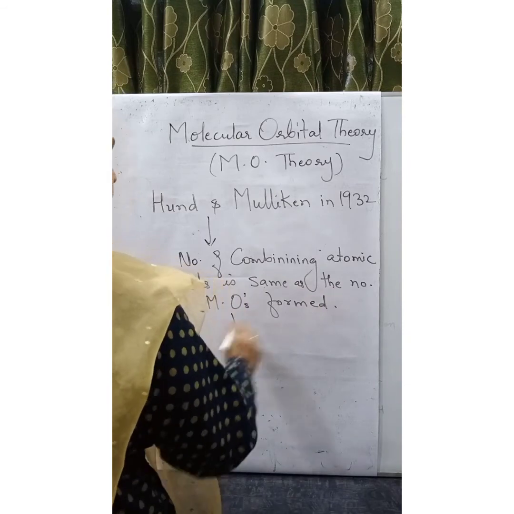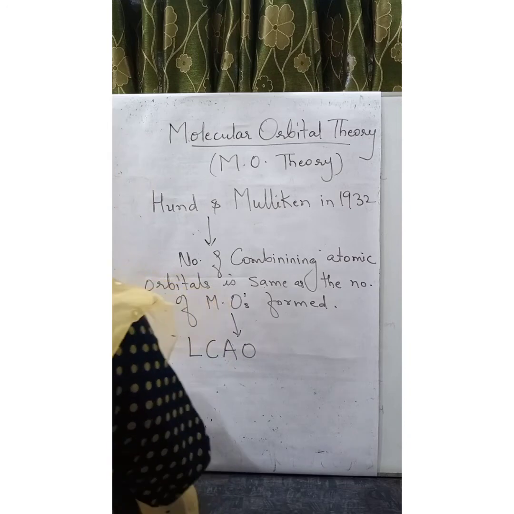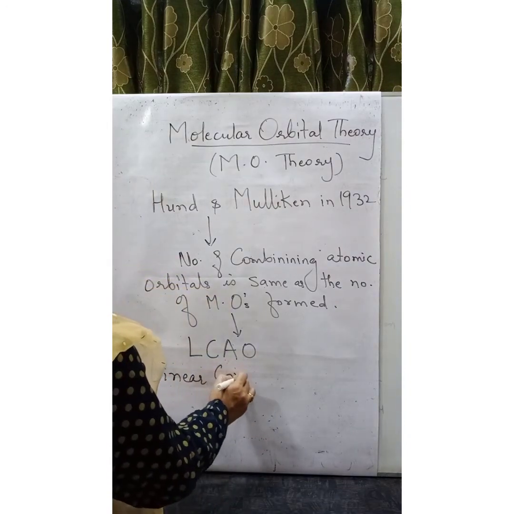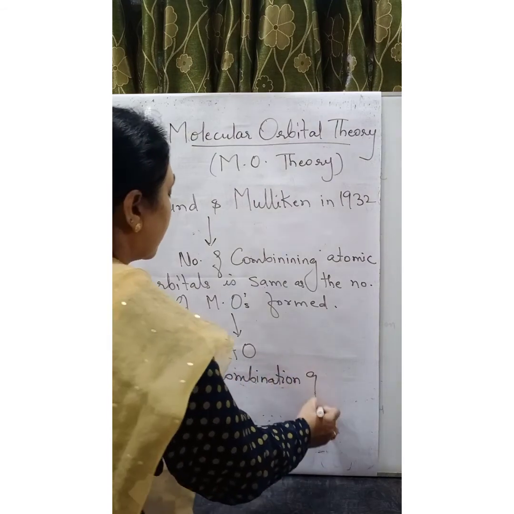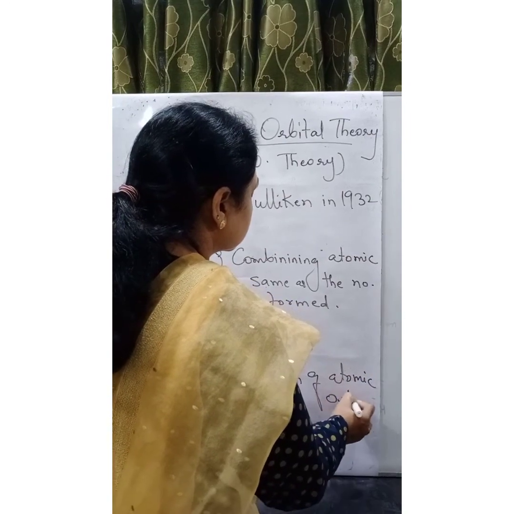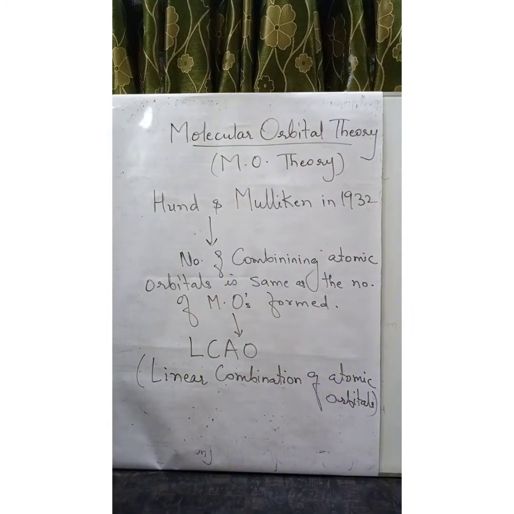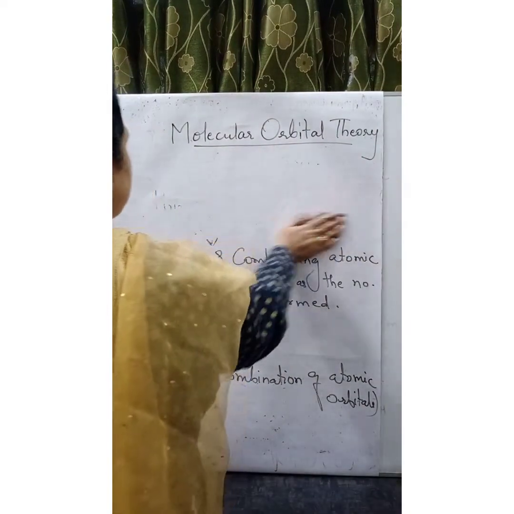Basically, molecular orbitals are formed by LCAO, which stands for linear combination of atomic orbitals. Linear combination of atomic orbitals means the addition or subtraction of the wave functions associated with it.